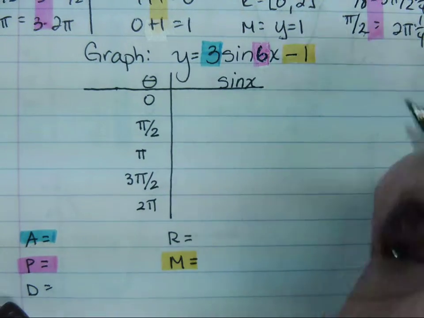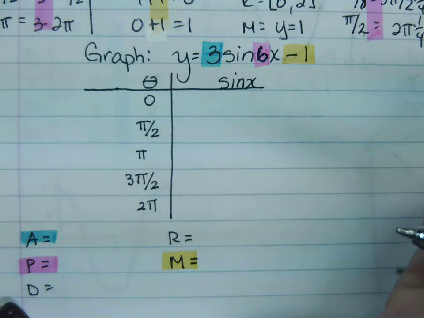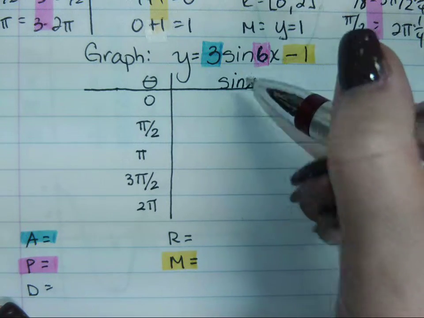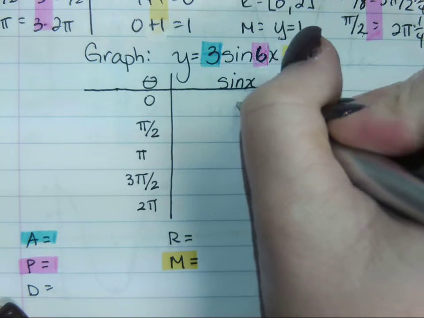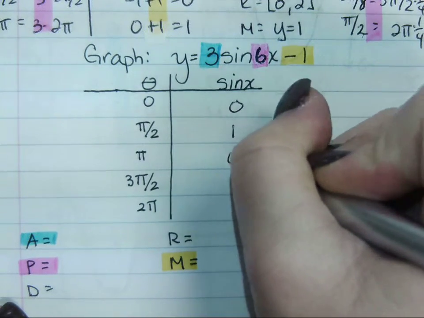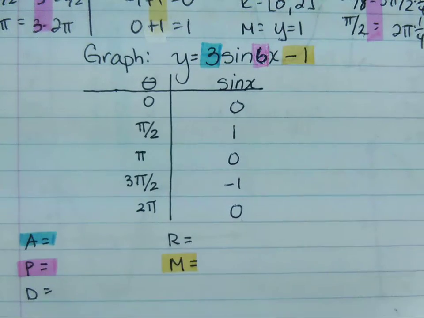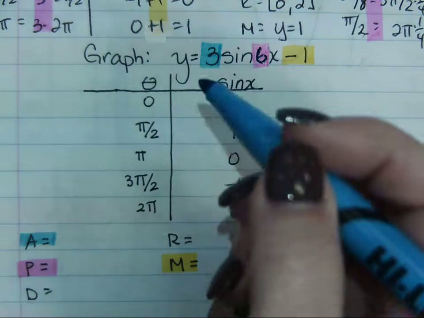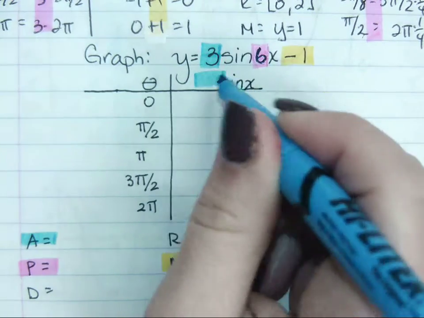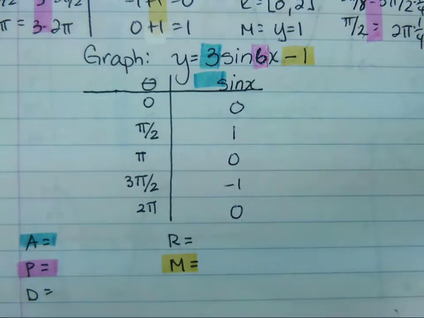All right, so remember that we're dealing with the sine function, and when you're dealing with the sine function, again, your output values are 0, 1, 0, -1, and 0. All right, and the only thing that happens to the y values when you're dealing with the sine function is the amplitude and the vertical shift.